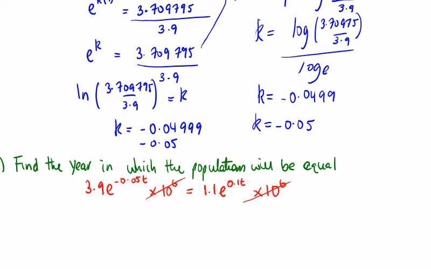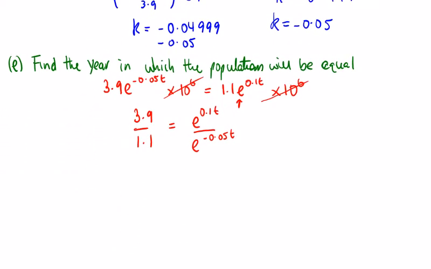So if I divide across by 1.1 and also divide across by e to the power minus 0.05t, I'll have this one left here, e to the power 0.1t over e to the power minus 0.05t. So this is the rules of indices.